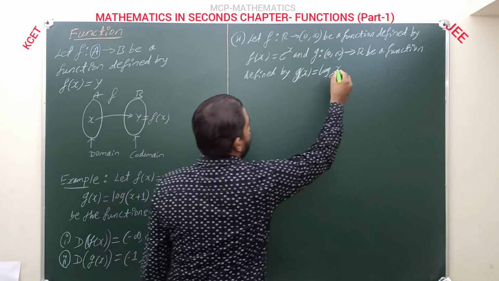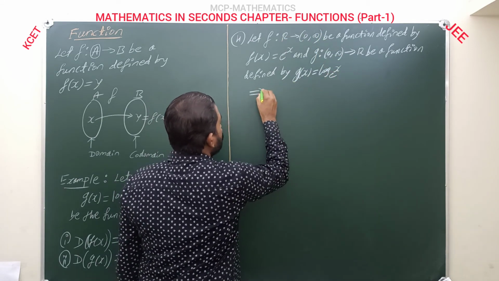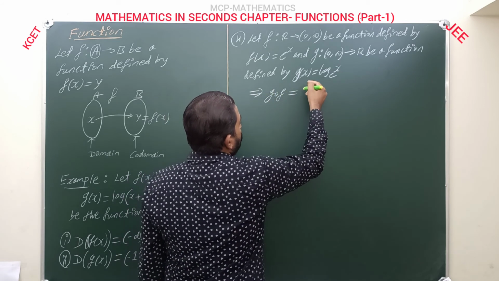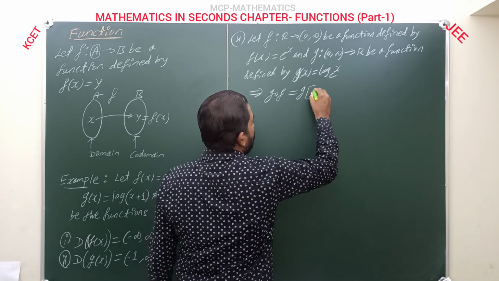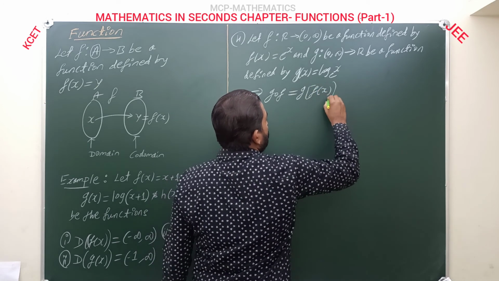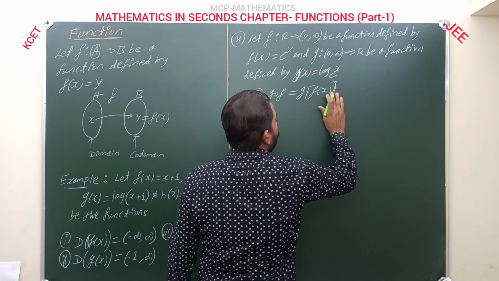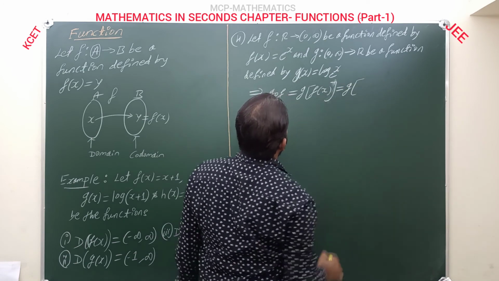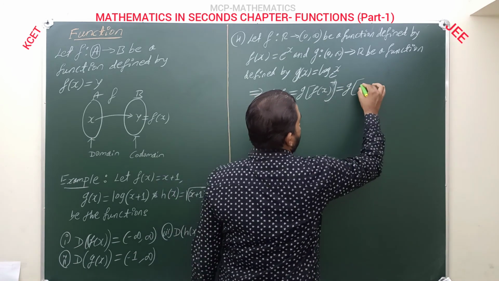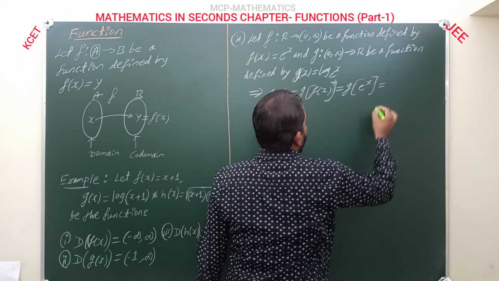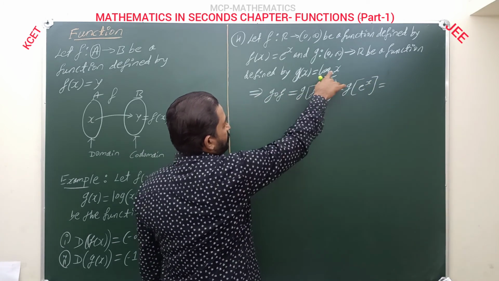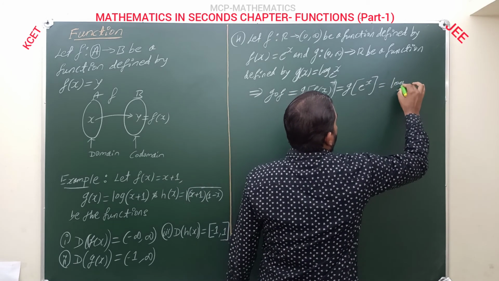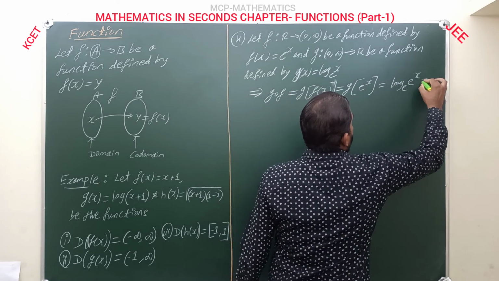This implies g composition f of x is equal to g of f of x, which in this case is g of e power x. In g of x, x is replaced with e power x, so it becomes log e power x, which is equal to x.